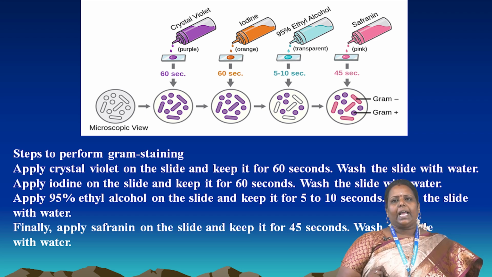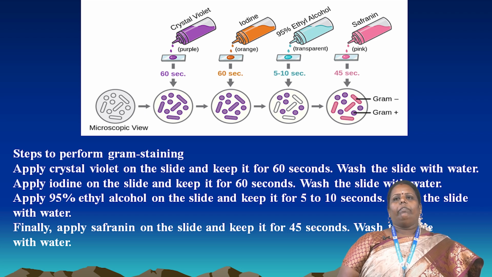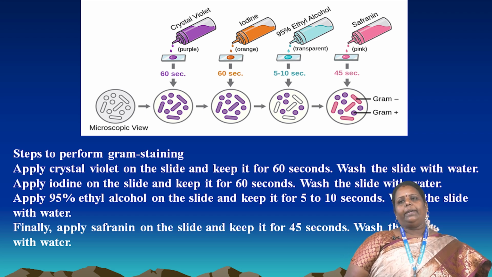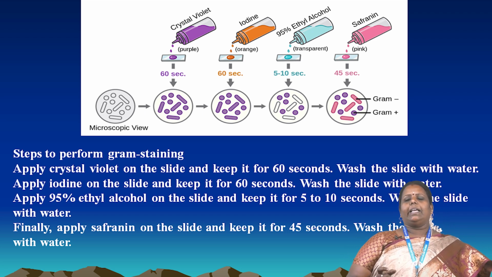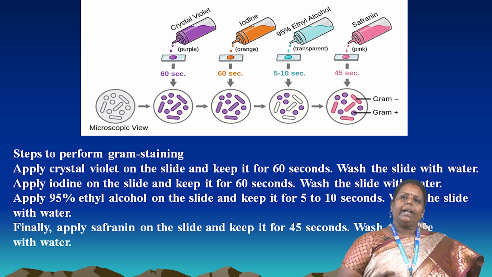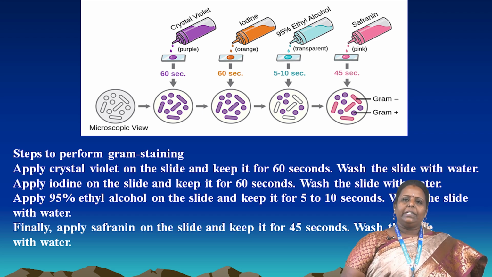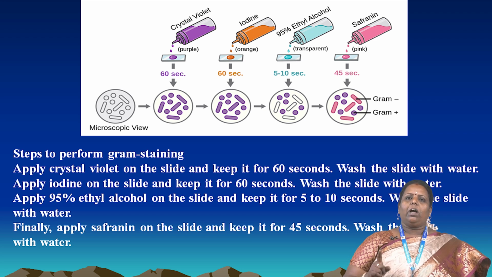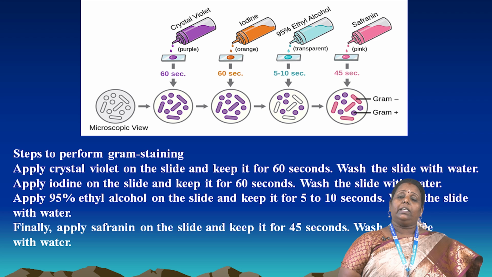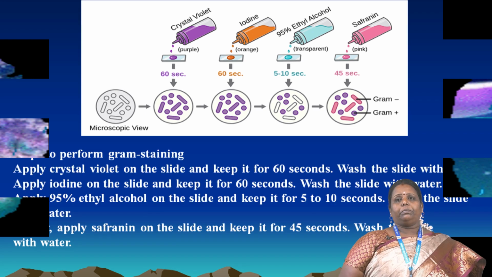Next, we use 95% ethanol for 5 to 10 seconds, which identifies both gram-positive and gram-negative bacteria. After that, safranin gives a pink color, and we identify both gram-positive and gram-negative bacteria. Depending on the color of the agent, we identify which bacteria are present. Thank you.